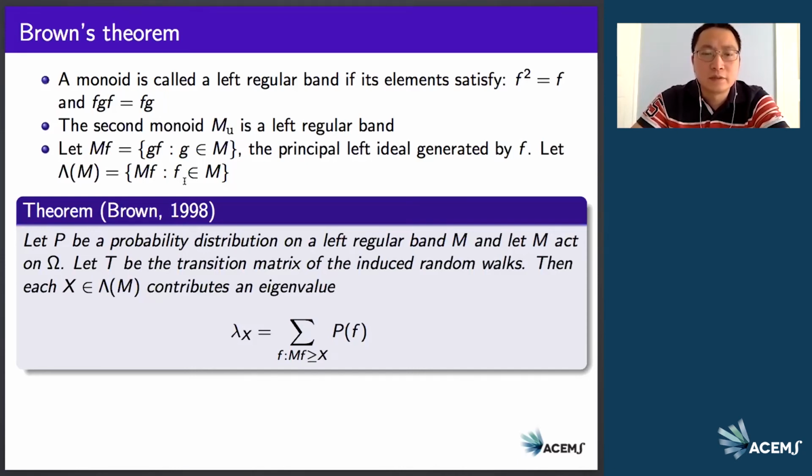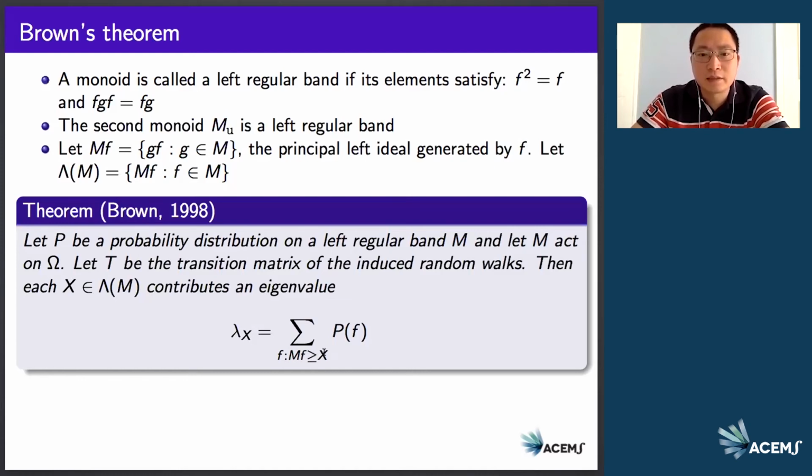Okay, so with this, the Brown theorem tells us that for this induced random walk, in a very general case, each ideal X contributes an eigenvalue lambda X, which is equal to this. Here I just sum over all elements in the monoid such that the generated ideal MF is bigger than X. Here MF and X are two sets.